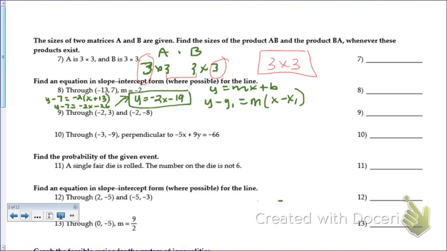Now for number 9, I'm also going to use point-slope form, but I have to find the slope first. I have 2 points, so I'm going to find the slope. m equals y2 minus y1 over x2 minus x1. So let's see, negative 8 minus 3 over negative 2 minus negative 2 is plus 2. And I get negative 11 over 0.